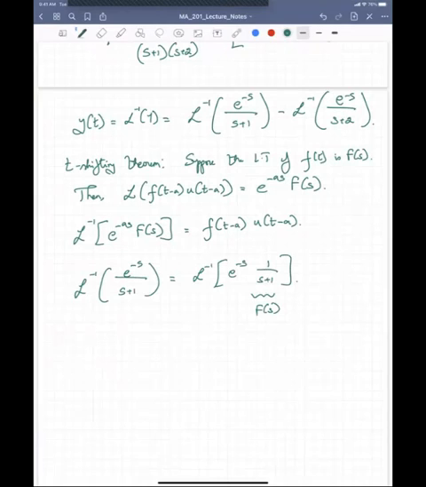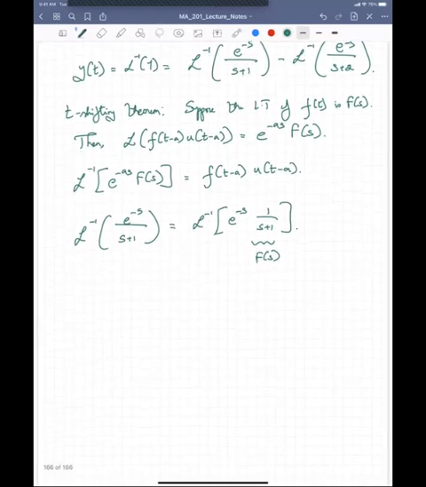It is e to the minus t, because 1 over s is the Laplace transform of 1, and since this is shifted by 1, I had to multiply by e to the minus t. So L of e to the minus t is basically 1 over s plus 1.